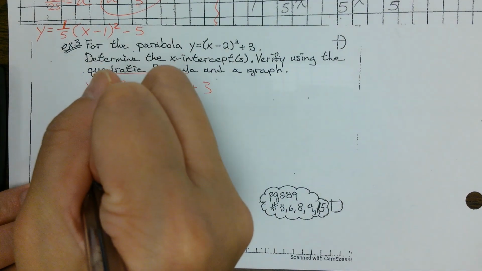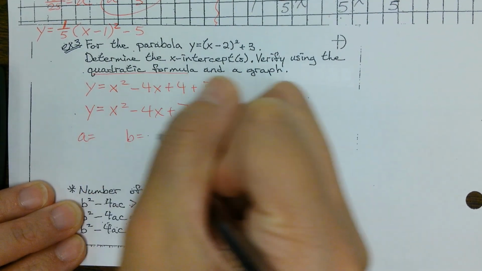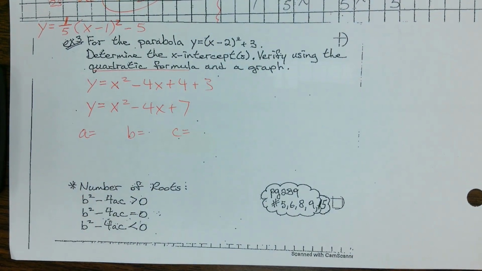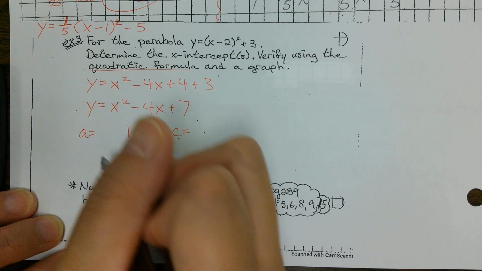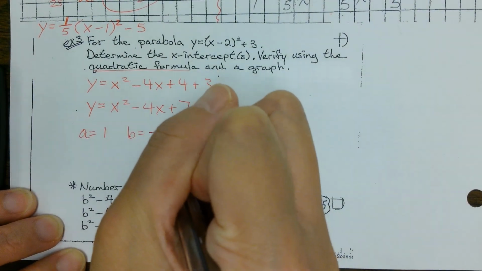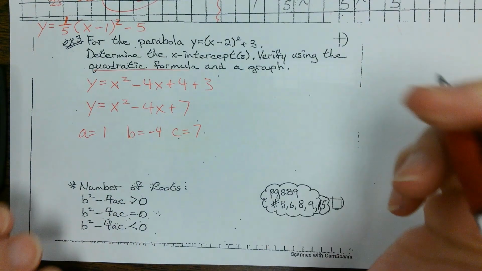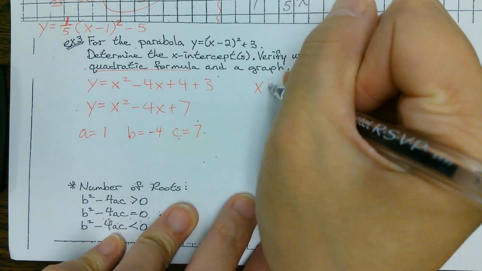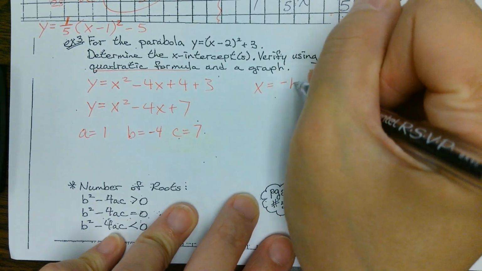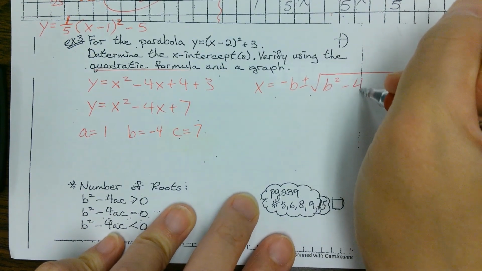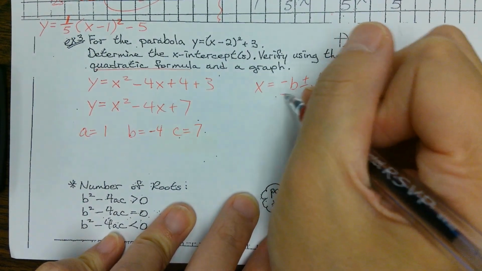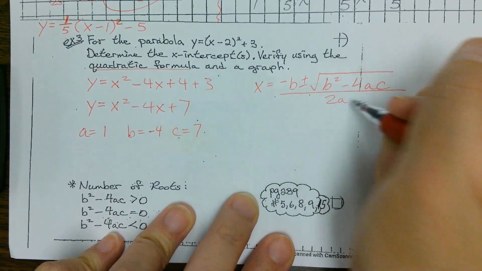Okay. What's a? What's b? What's c? Yeah, Echo? Good. Okay, let's substitute it into the formula now. Negative b plus or minus the square root of b squared minus 4ac, all over 2a.